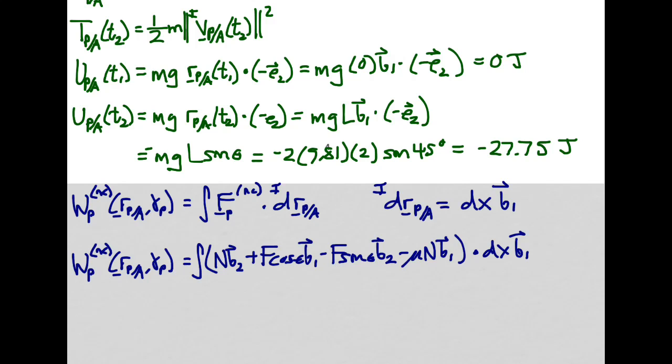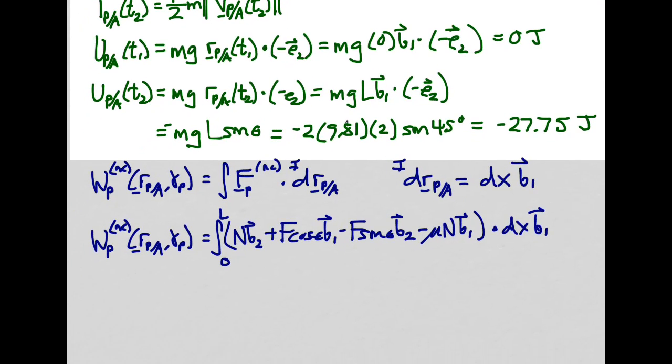We're going to solve this from 0 to L, which is our x-coordinate at time 1, or x-coordinate at A, and then our x-coordinate at time 2, or x-coordinate at B.